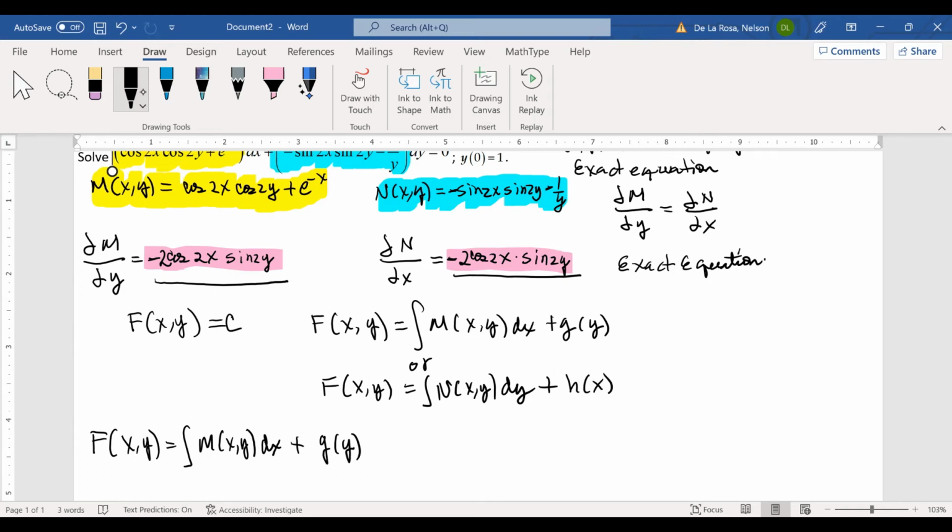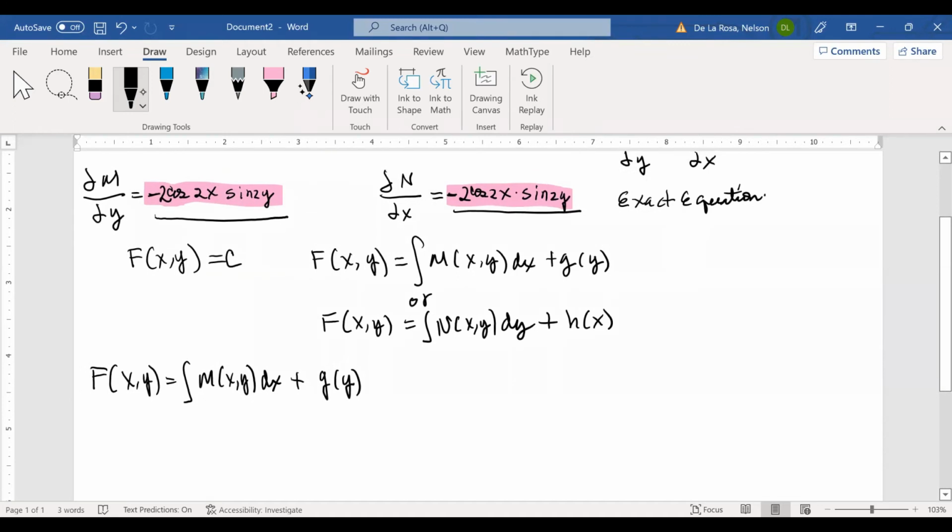Well, we have that M is cosine of 2x times cosine of 2y dx plus dy.